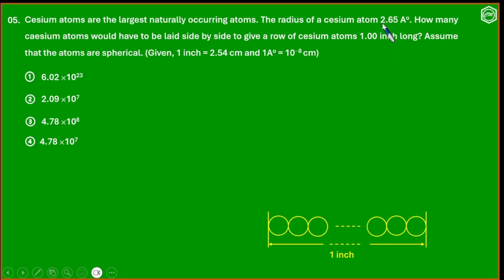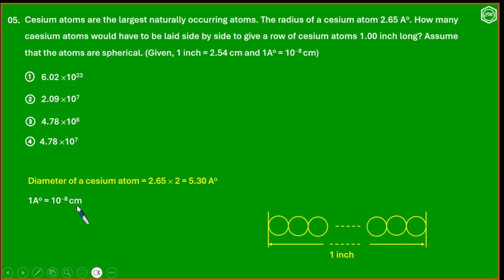So here the radius is given as 2.65 angstrom. So we can find out diameter, and that also will be in angstrom. So we have to convert it into centimeter and then to inch. First we have to find out the unit factors. So diameter of a cesium atom is 2.65 into 2, that is 5.30 angstrom.